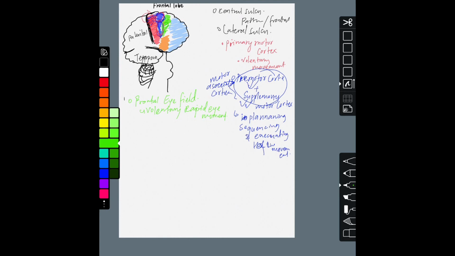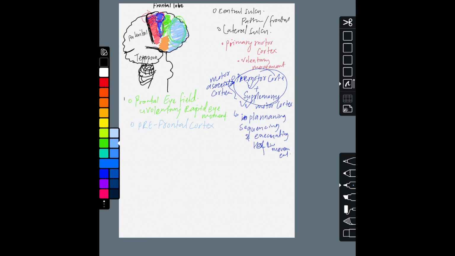Now the second last is this somewhat blue portion. This blue portion is the large part. This large part is prefrontal cortex. Sometimes it is also termed the prefrontal association area. So let's see what it does.